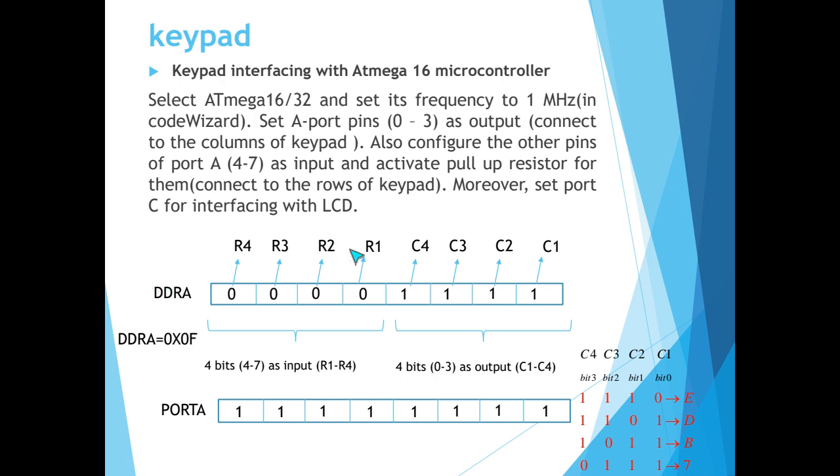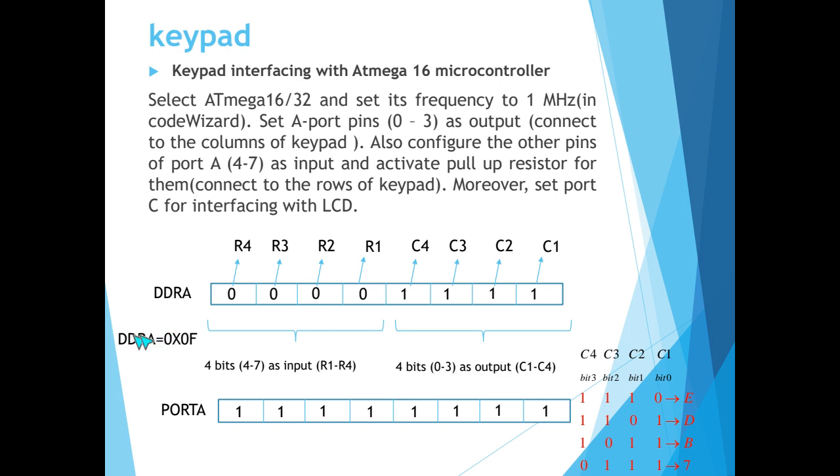However, we can't activate the pull-up resistor by using the DDR register. To do that, we should use the PORTA register. So only the DDRA register is used for configuring as output or input. Then the 4 first bits are configured as output and connected to the columns of the keypad, and the 4 other bits are configured as input and connected to the rows of the keypad.